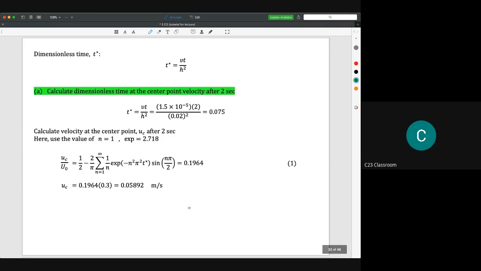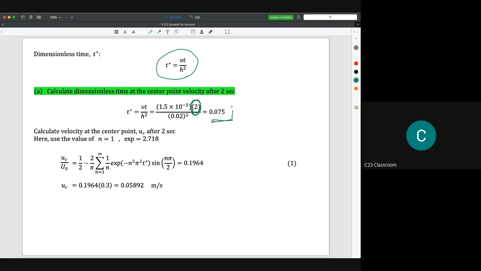And then we get the dimensionless time. We substitute the value of t star with nu, the kinematic viscosity, times t over h square. Then we calculate the dimensionless time at the center point velocity after 2 seconds. By using that equation, we substitute the 2 seconds here, we could get the t star is actually 0.075.